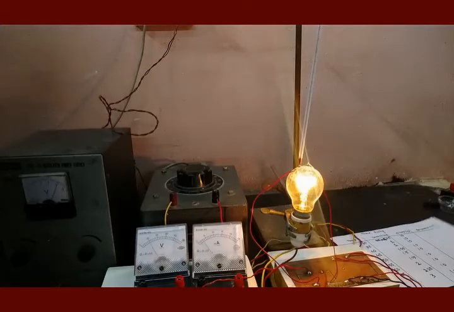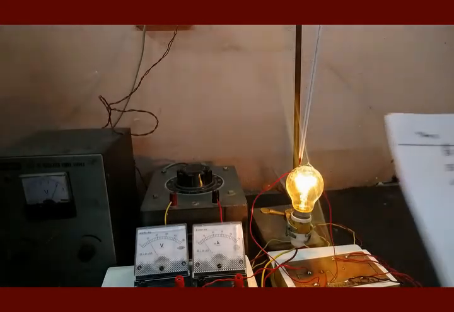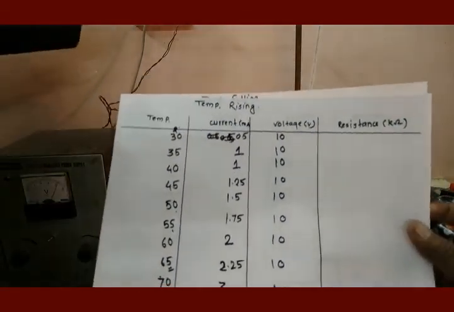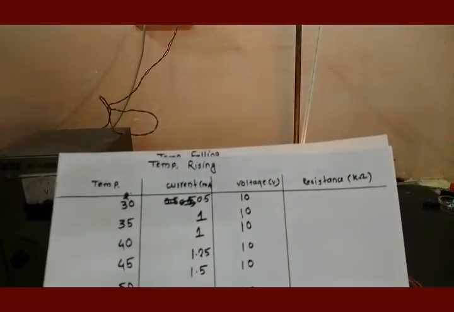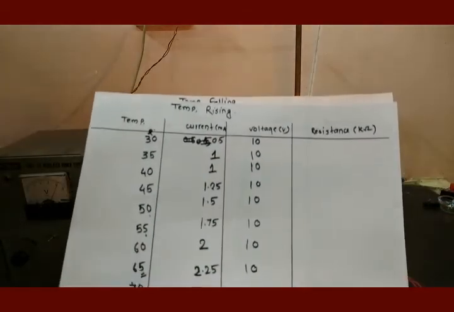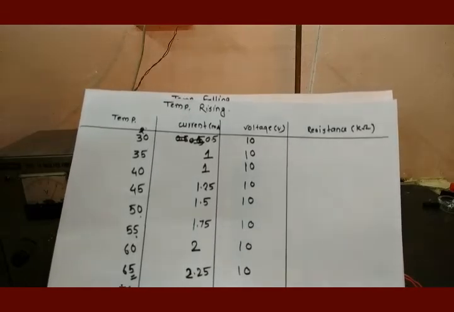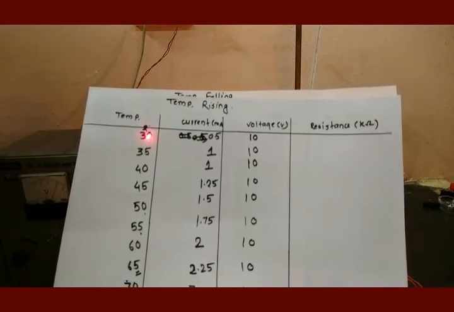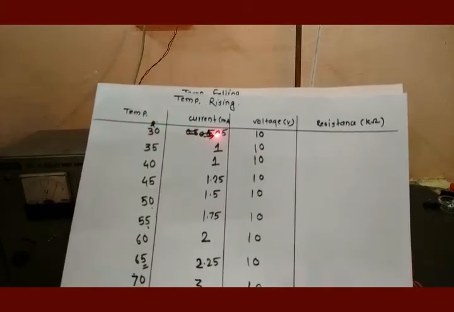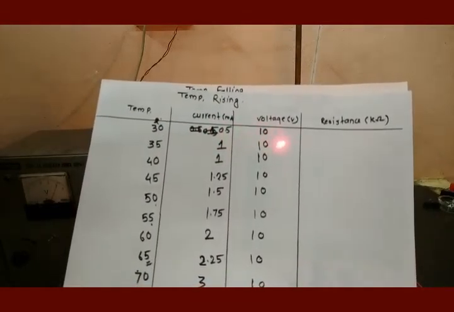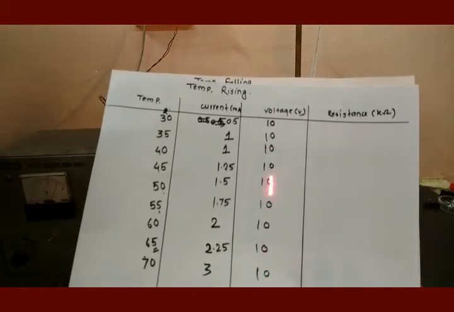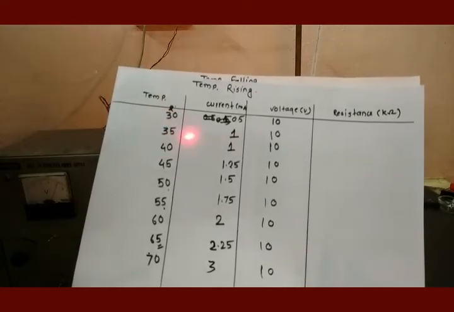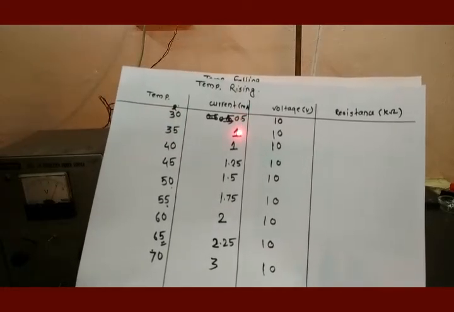After taking the reading for rising, let me tell you first the readings that we have taken for rising temperature. As you see in the video, the temperature here is 30 degrees Celsius, corresponding current 5 milliampere, voltage throughout is constant, it is 10 volt. When temperature is raised from 30 to 35, current has become 1 milliampere.